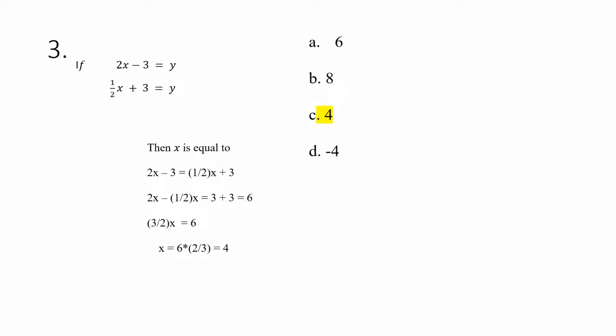Because we need an expression for x, we shift all of the terms with the variable x on one side of the equation and the rest on the other side, and therefore we come up with 2x minus 1/2 x on the left hand side and 3 plus 3, or 6, on the right hand side, giving us for the left hand side 3/2 x equal to 6. Therefore x is equal to 6 times the quantity 2/3, which gives us a final answer of 4.